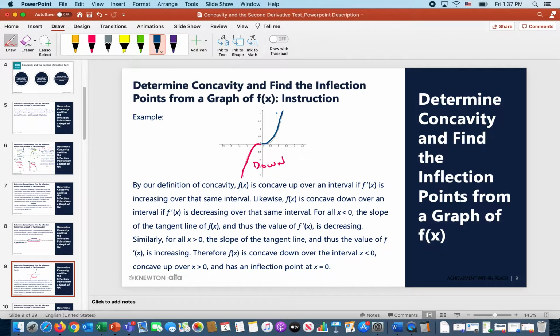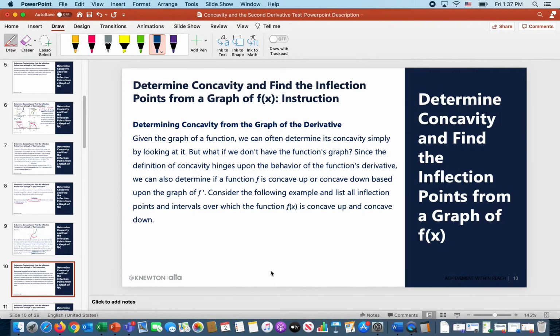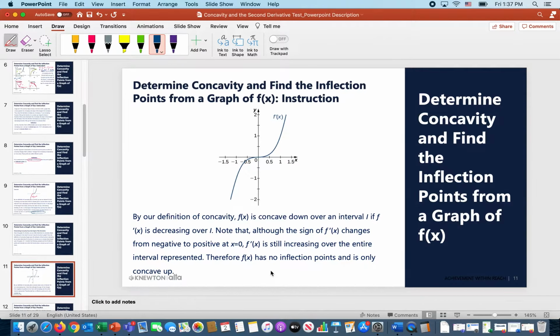Because the change in concavity occurs at 0, we would say there is an inflection point at x equals 0. You can read about that in these next few slides. This looks very similar to the one that we just did, and in fact, it's pretty much the same problem.